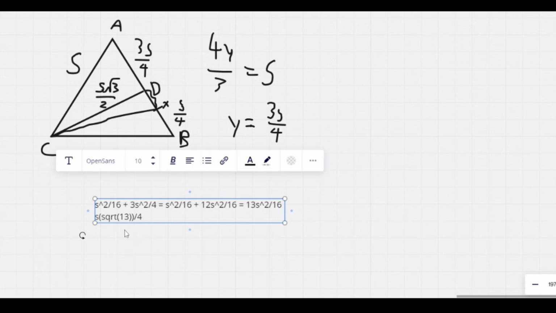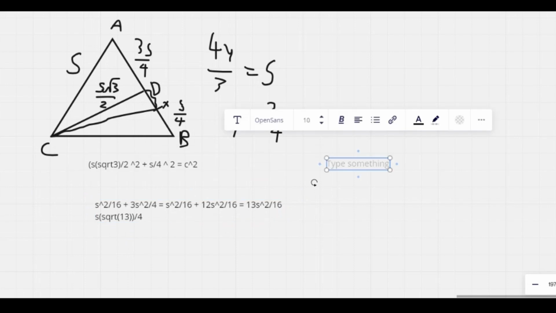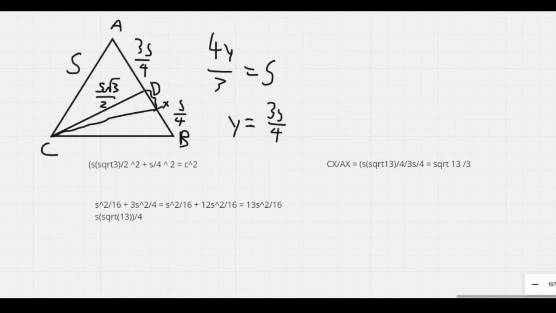This is side CX. CX to AX will equal S square root 13 over 4 over 3S over 4, which is square root 13 over 3. And so that's our answer, the square root of 13 over 3.